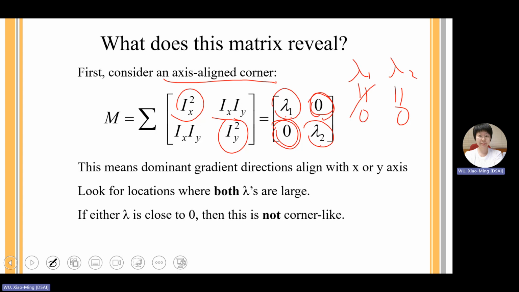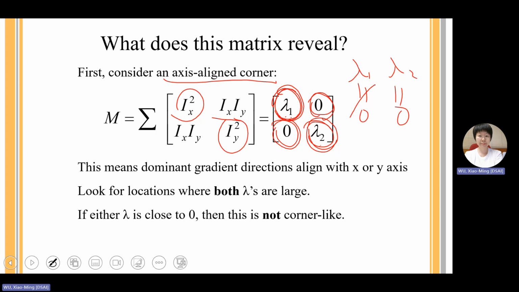So there is only one non-zero element in the diagonal terms. For corner pixels, both lambda 1 and lambda 2 are non-zero.